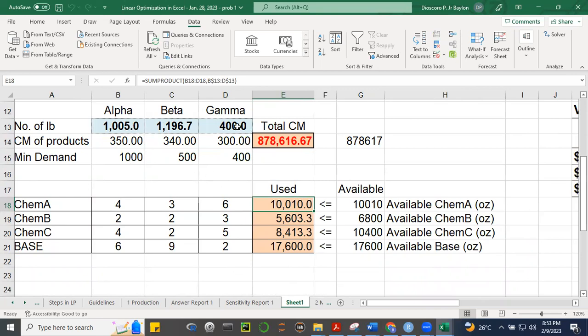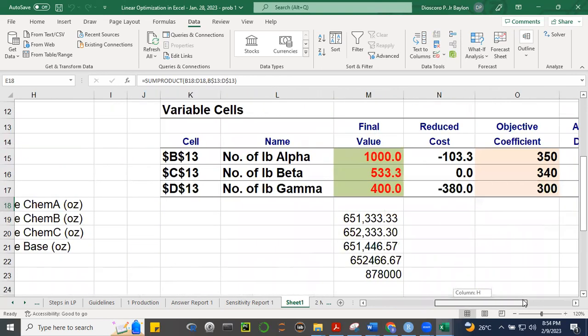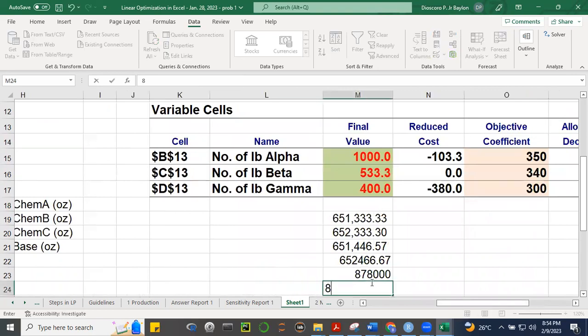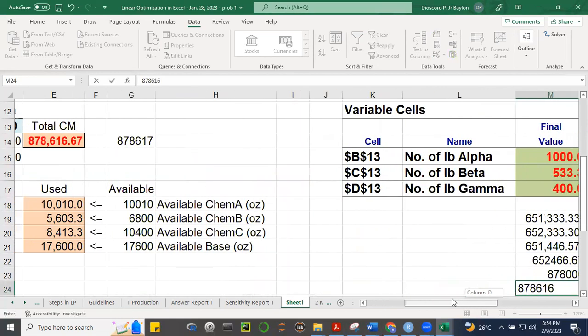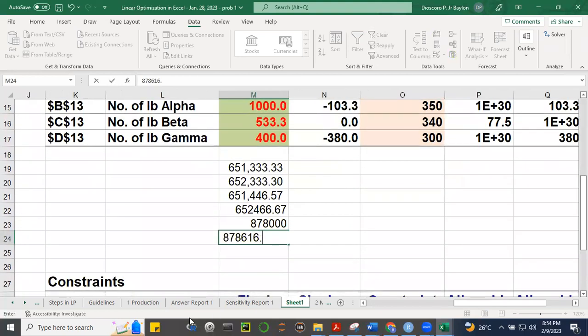Ang binding na lang si gamma, si chemical A, at saka si base. And this became yung total CM natin, 878,616.67.